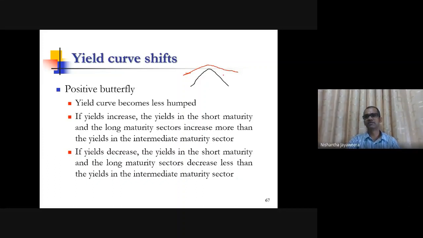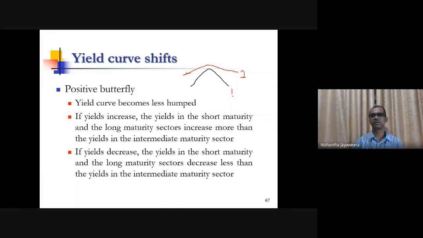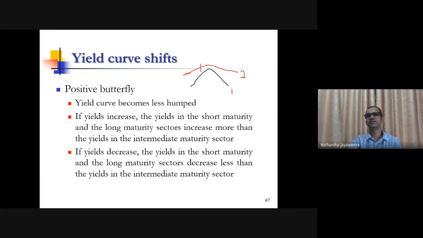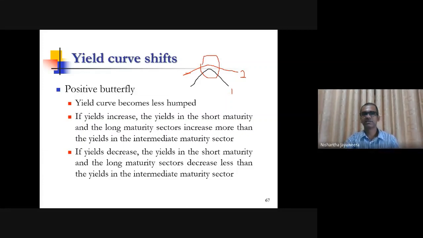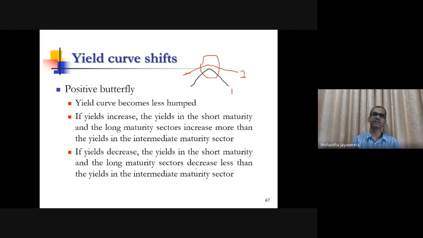The example that I showed, this is the first instance, this is the new curve. Then the yield has increased, short end and the long end by a large amount, but intermediary area by a small amount. The same thing can happen if yield decreases: the yield in the short maturity and the long maturity sector decreases less than the decrease in the intermediary area.